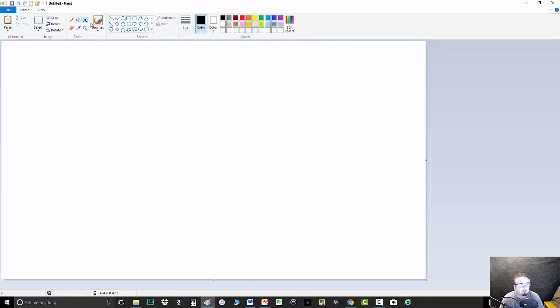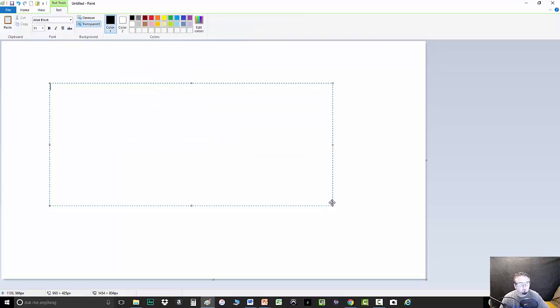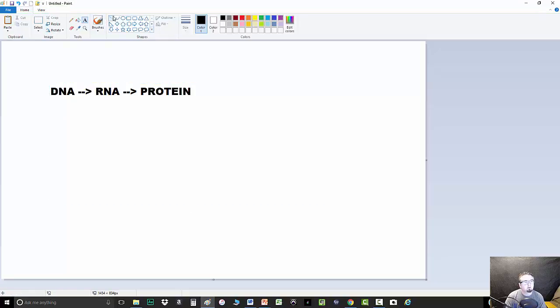So this is going to be pretty easy. We're going to once again show the central dogma, and you'll know this so well by the time the class is over. DNA, RNA to protein. So transcription is DNA to RNA.